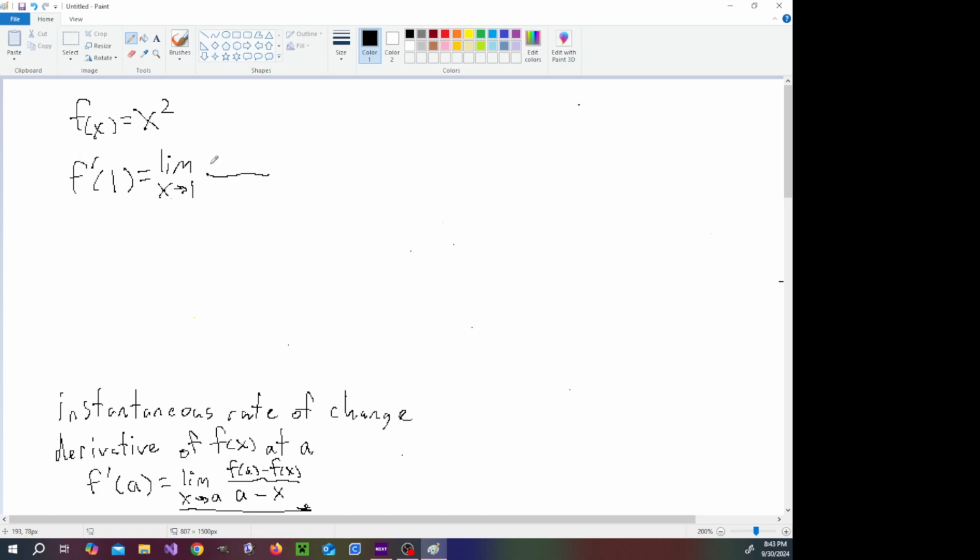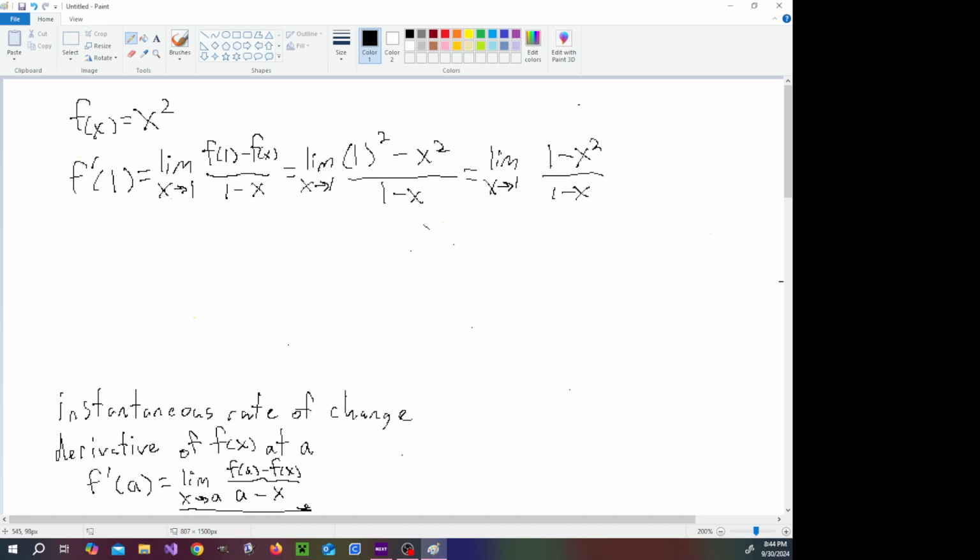Limit as x goes to 1, f of 1 minus f of x over 1 minus x. Well, I know what the function f is, so I can plug in: f of 1 is 1 squared, f of x is x squared. Oh, forgot to write limit out front. So we have the limit as x goes to 1 of 1 minus x squared over 1 minus x.